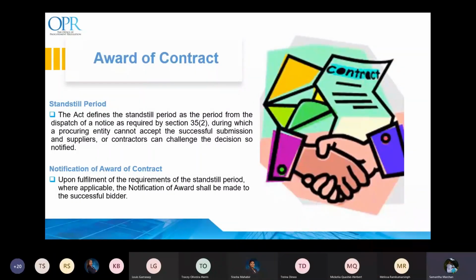In this notice, all bidders shall be advised of the start date, duration, and end date of the standstill period, which shall be no less than 10 working days and no more than 15 working days. Upon fulfillment of the requirements of the standstill period, the notification of award shall be issued to the successful bidder via a lawful mechanism that allows for subsequent confirmation of receipt, for example, by registered mail, a reputable commercial courier, or electronically.